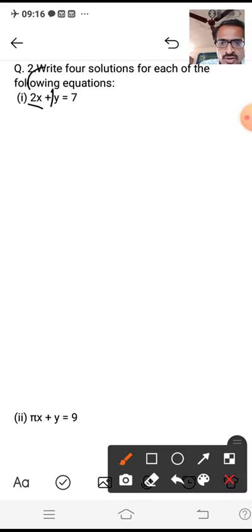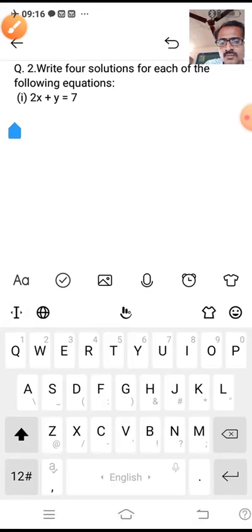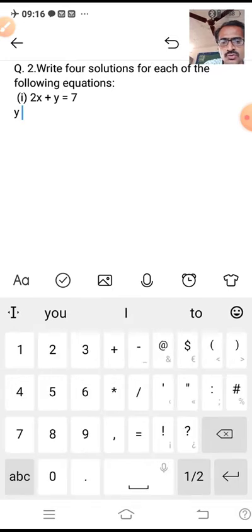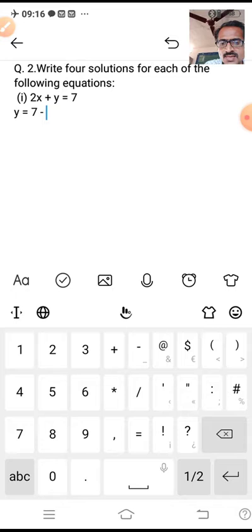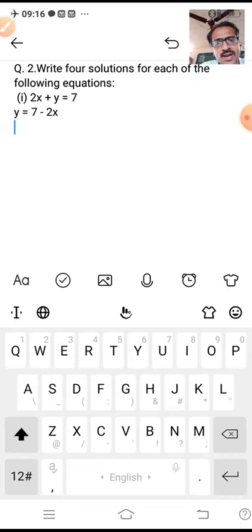So we shift 2x towards the right hand side. As you shift 2x to the right hand side, you will get y equals 7 minus 2x.